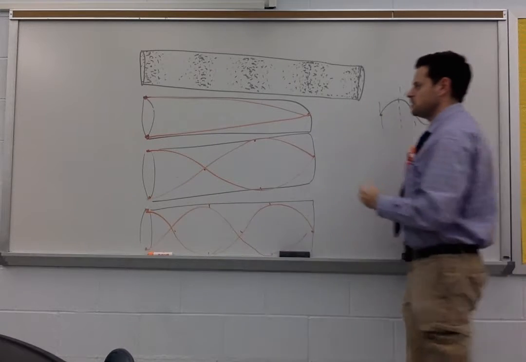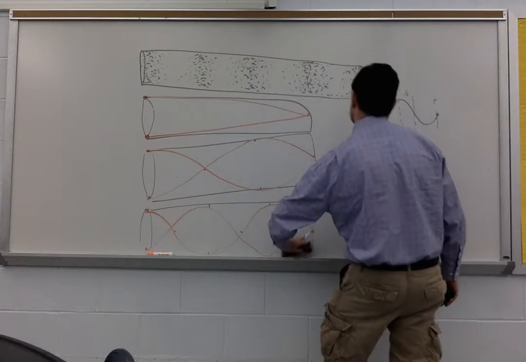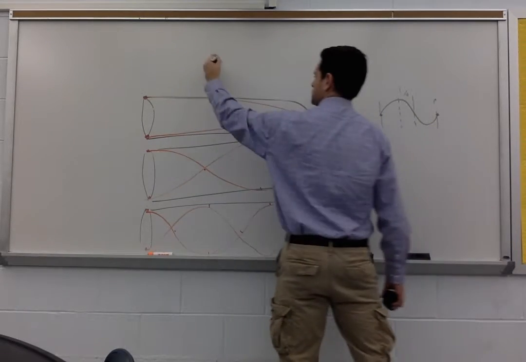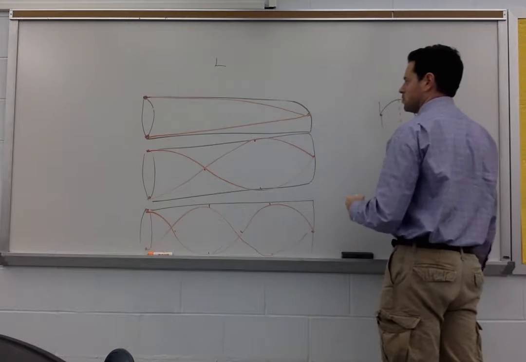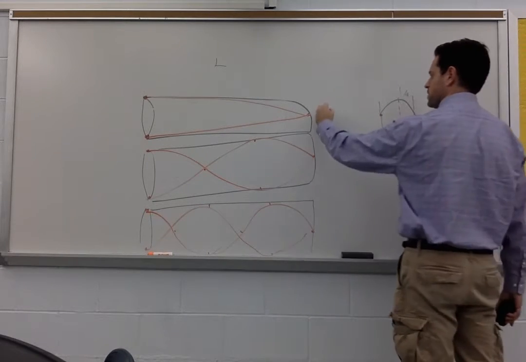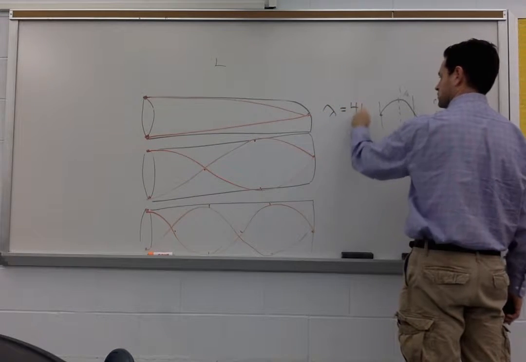So we can see right here that this tube, length L, this top one, this length L represents 1/4 of the wavelength. So the wavelength has to then be 4 times the length of that tube.